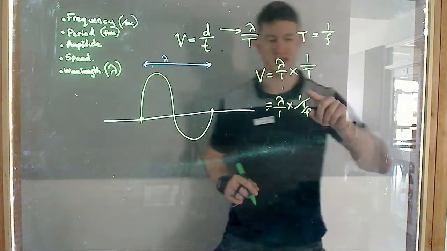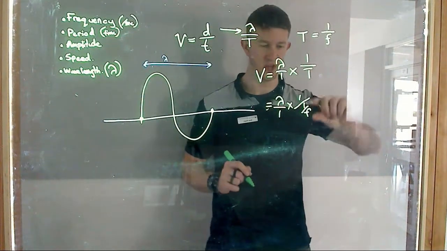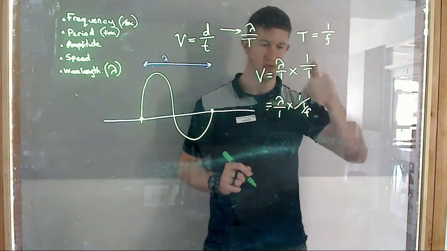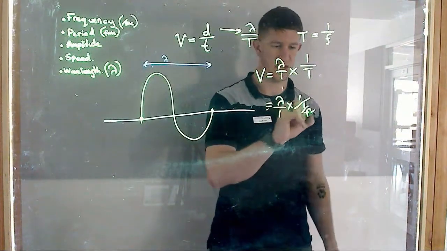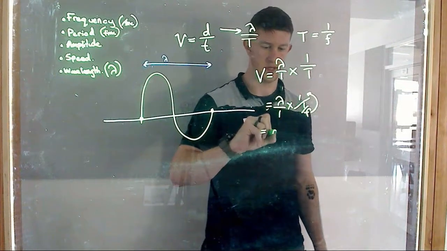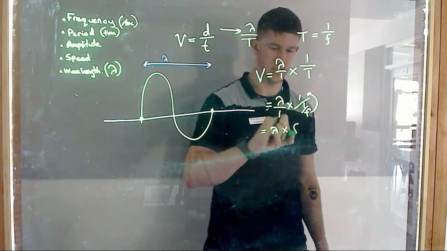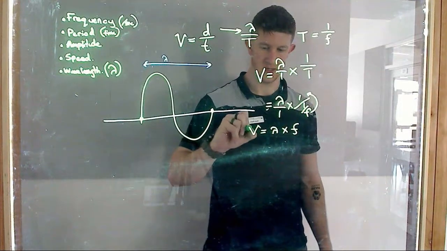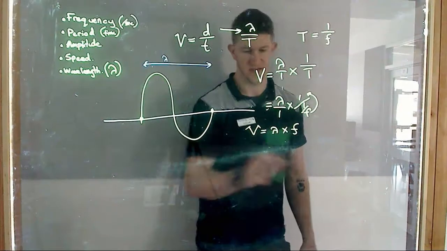And anytime you see this, a 1 over f, you can just flip the bottom and put it on the top. So this thing becomes up here, and it all becomes over 1. So therefore it gives you lambda times frequency. And this is velocity.